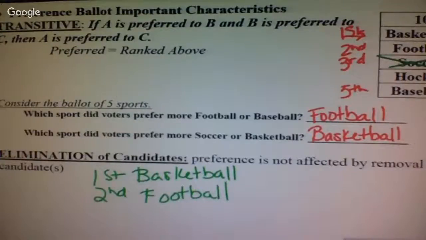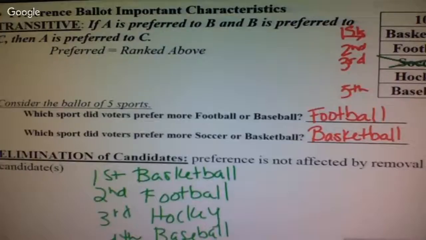So those ones didn't change at all. Hockey now goes up into third place, and baseball now goes up into fourth place. So I don't change the order of what everything goes in. Everything just shifts up one place or two places, depending on whether you're eliminating one candidate or two.